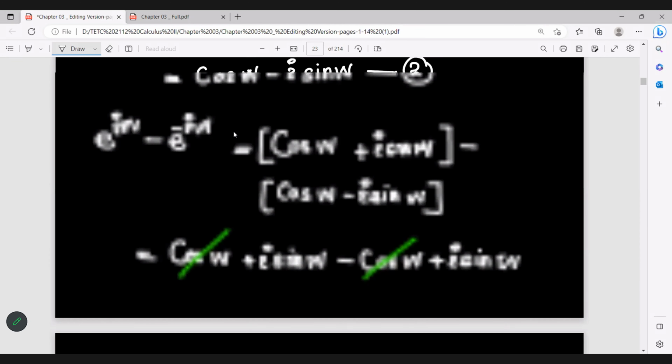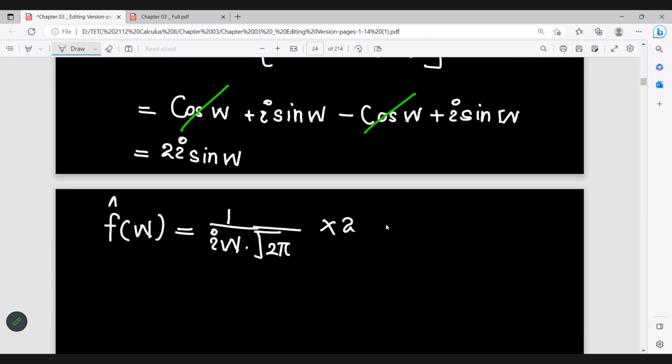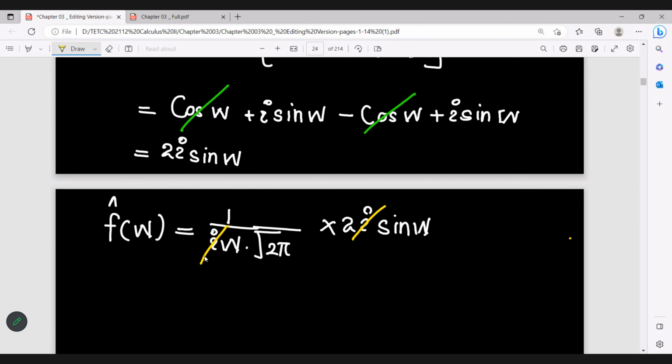So we can write the final answer. The Fourier transform of the function f of x is equal to 1 over iw times square root of 2π times 2i sine w. And here we can see that this i and this i cancel out, and here there is 2 and in the denominator square root of 2π.